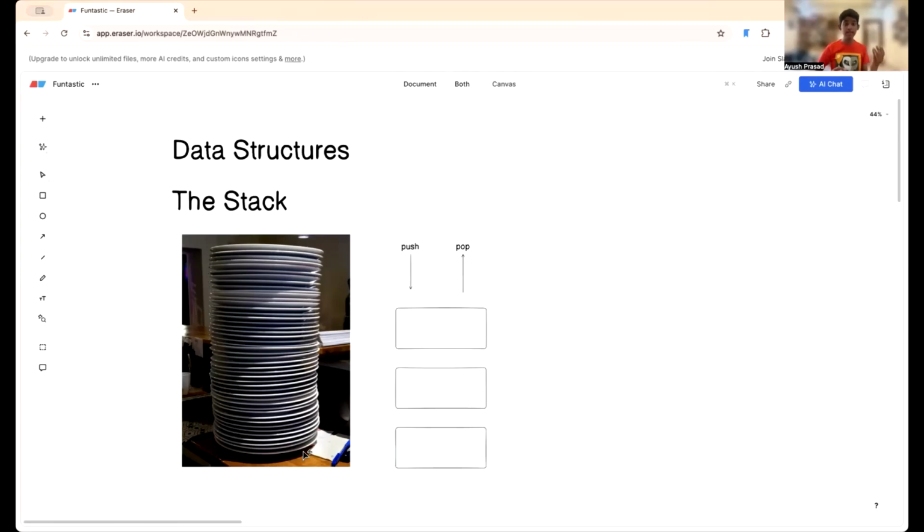You can be dealing with the bottom plates and then while dealing with them, you may have to add another plate at the top. You then deal with the plate on top inside before you get back into dealing with the bottom plate again. So stacks are really useful for anything that involves recursion or recursive applications.